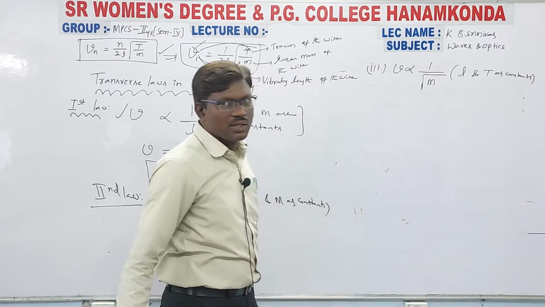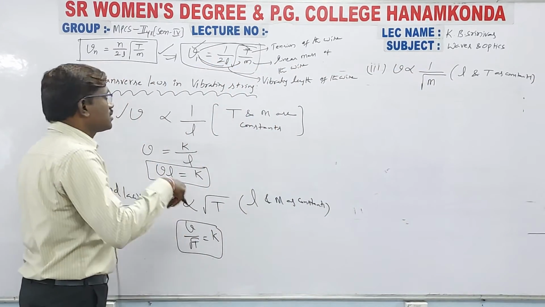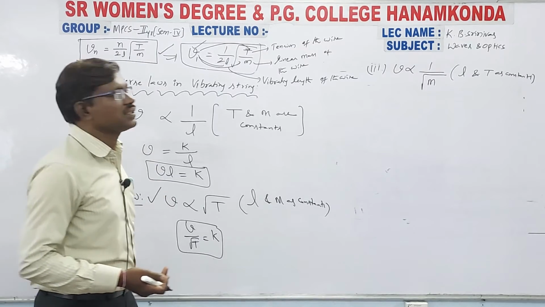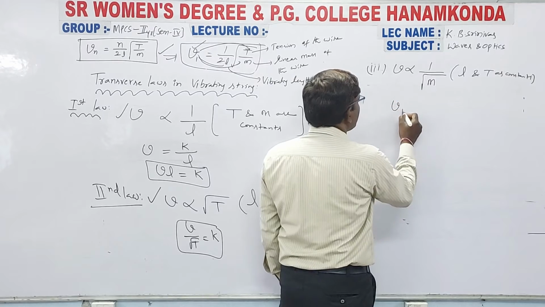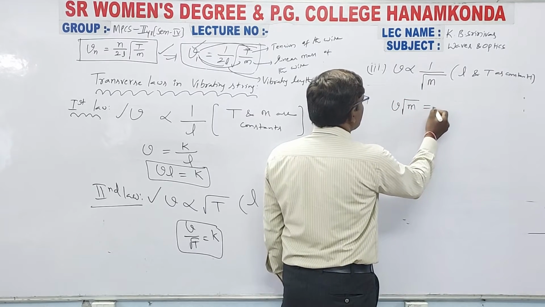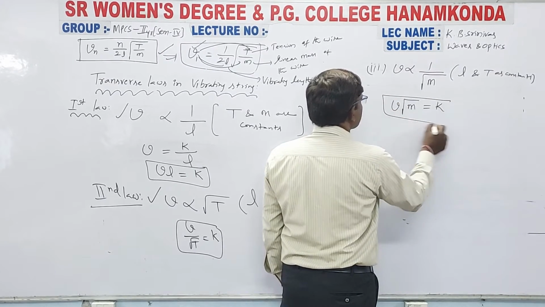Is that clear? This is known as the third transverse law in the string. This also can be written, after cross multiplication, as nu into root m is equal to constant.